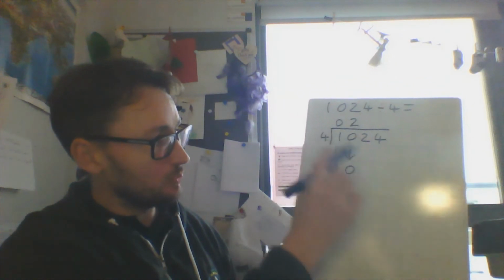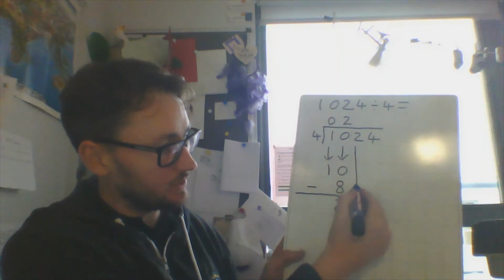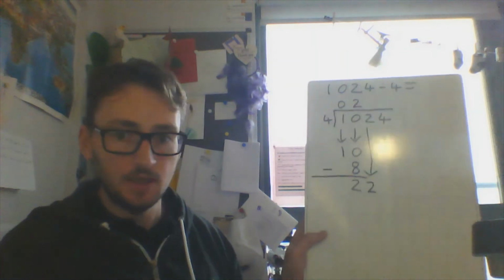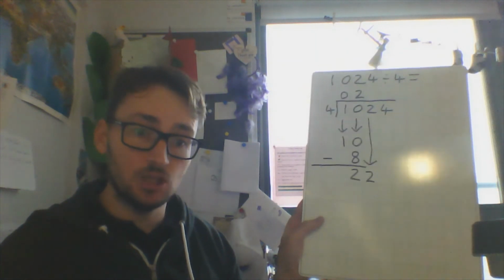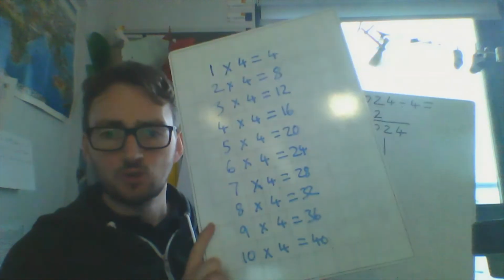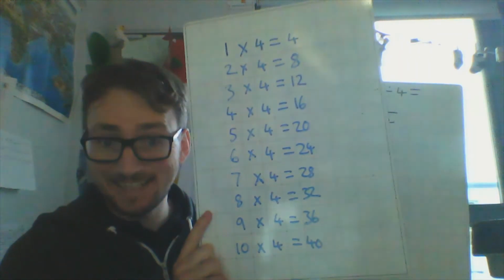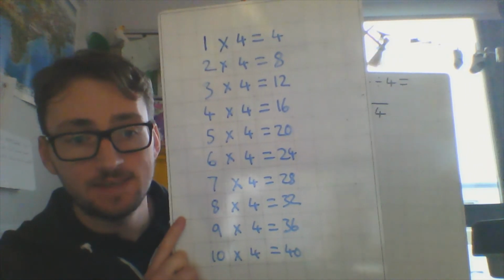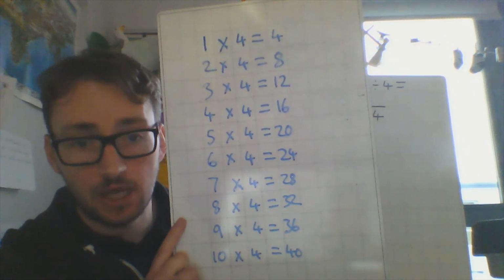2 is now smaller than our divisor, so we bring down the next digit, which is a 2. And now we're looking at the number 22 and dividing it by 4. 22 again isn't in the 4 times table, so we're looking for the fact that's the nearest but under.